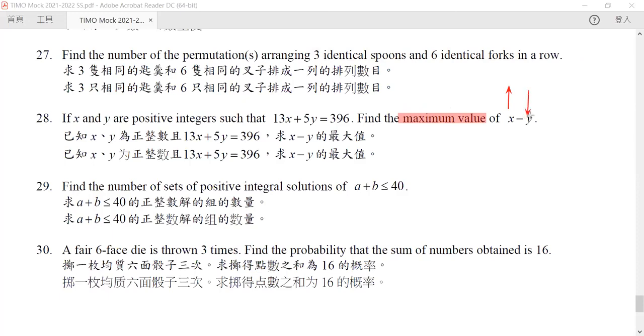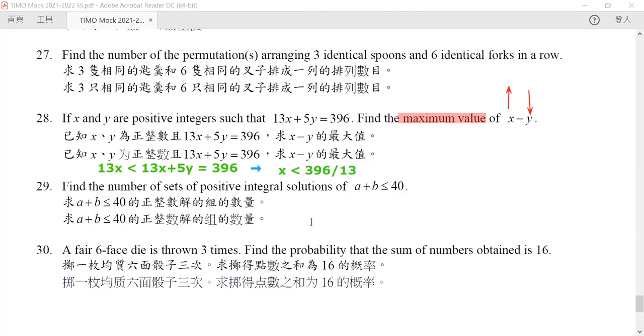So let us start here. We know that 13x must be less than 13x plus 5y, which is equal to 396. So in particular, x must be less than 396 divided by 13.